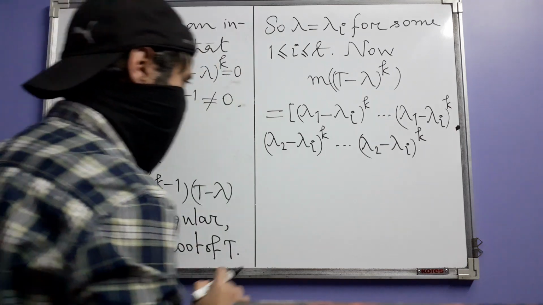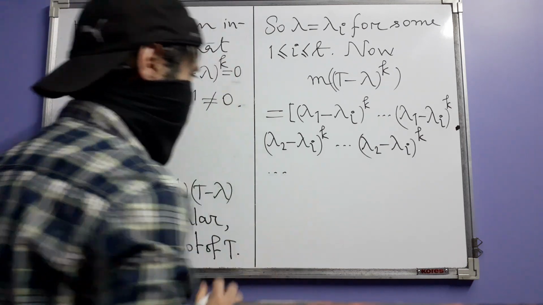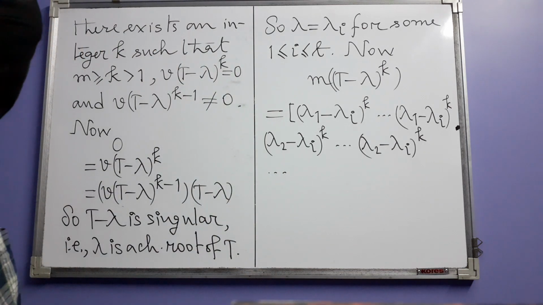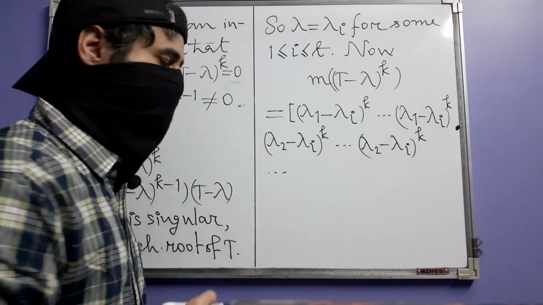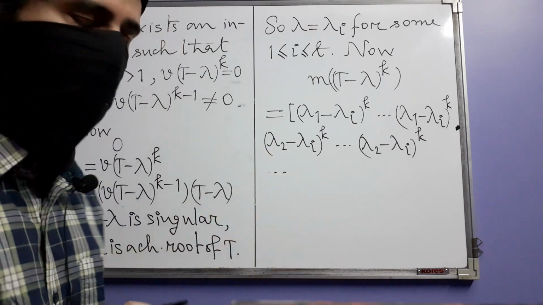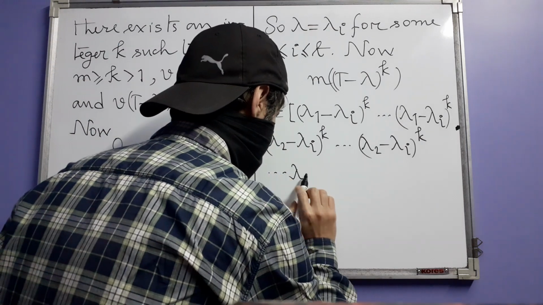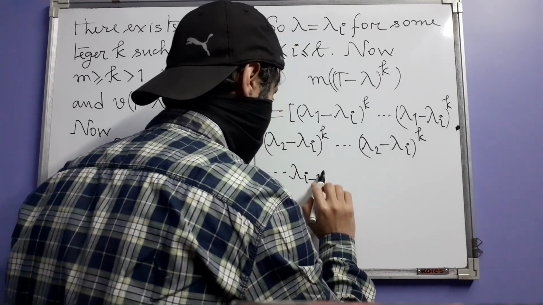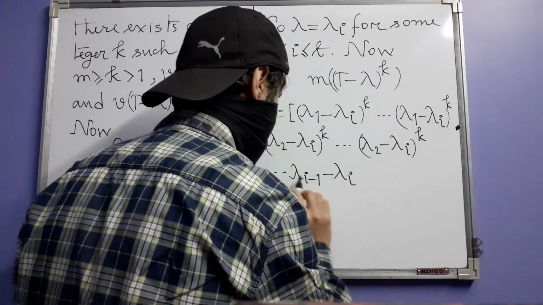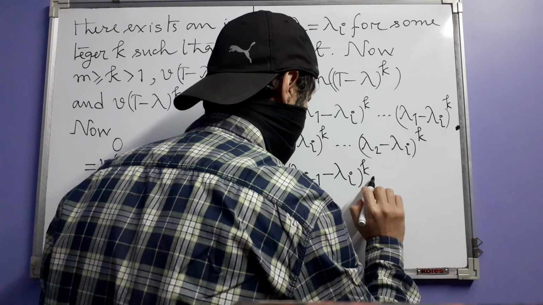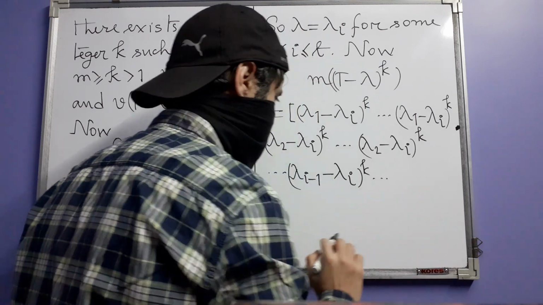Okay, and then continuing like that, we will eventually reach the characteristic root lambda I minus 1. From that also we subtract lambda I. A few copies of this.